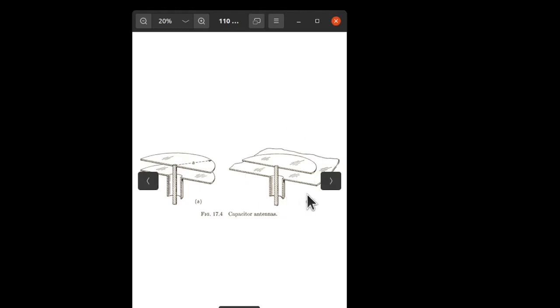Or a monopole with a top load disc over an infinite plane of metal. Both of these are very extreme, and there's no physical dimensions to any of these. We'll get into that in the next slide, which is how things should work.